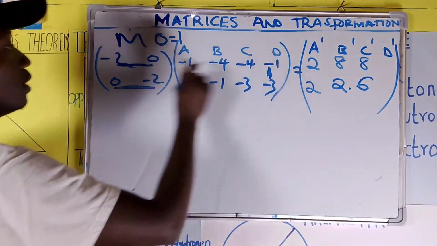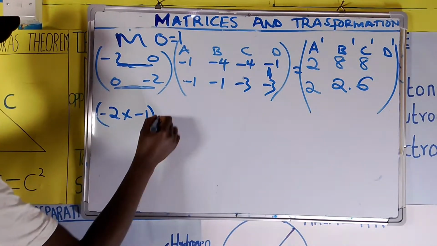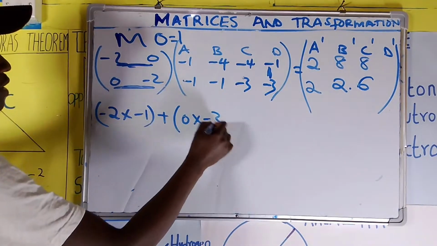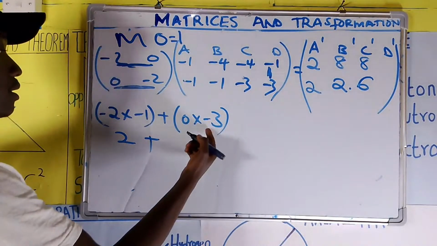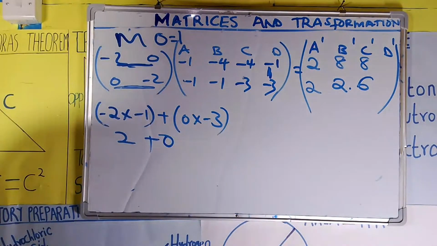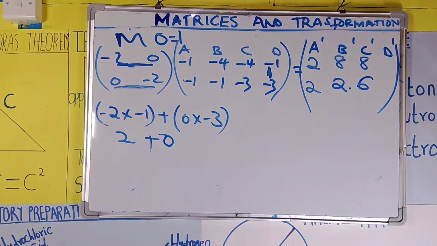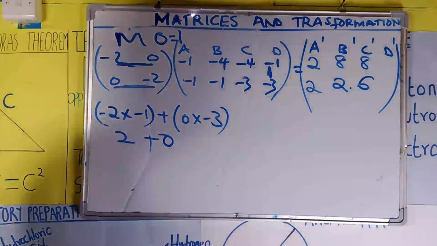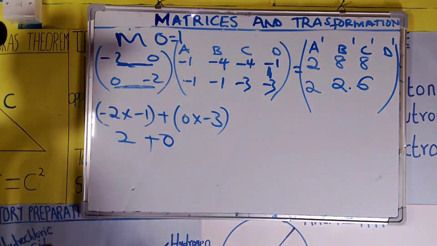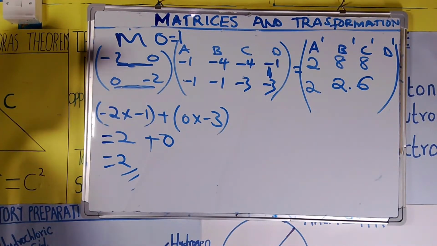Tuende ya mwisho. -2 times -1 plus 0 times -3. -2 times -1 is 2 plus 0 is 2. So that will be 2.